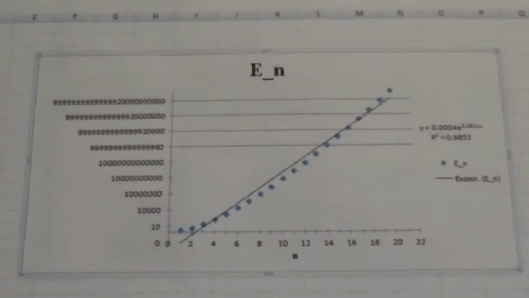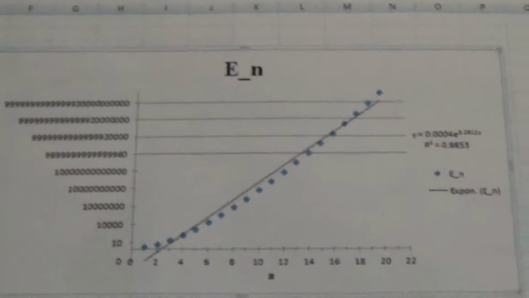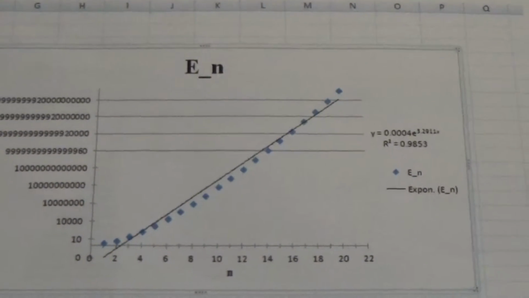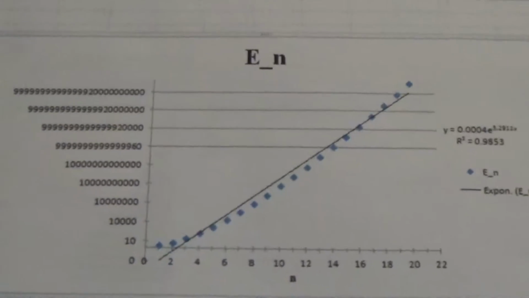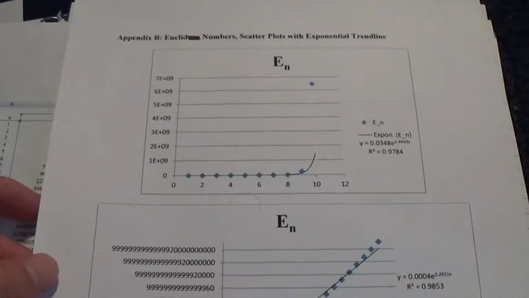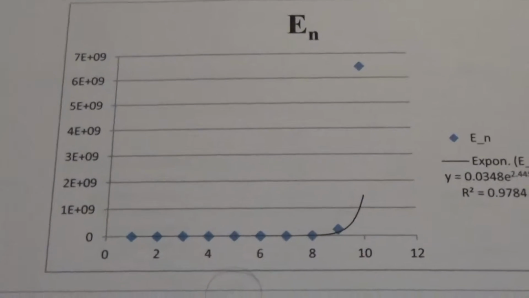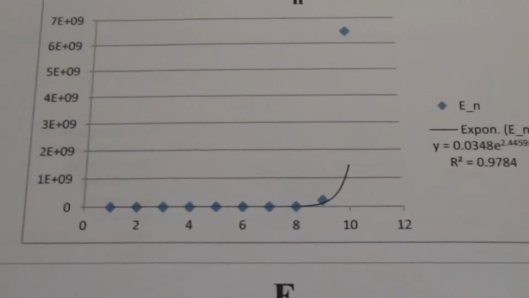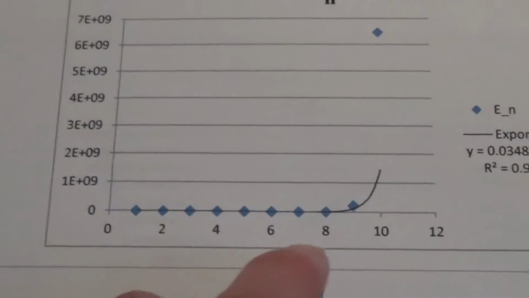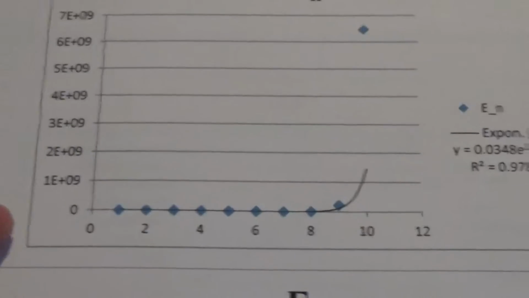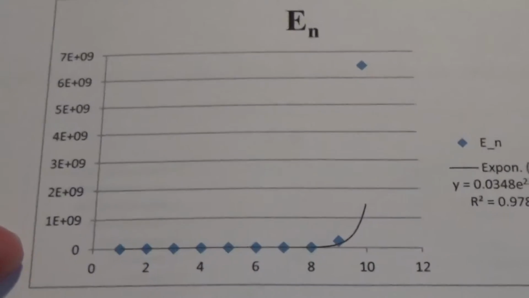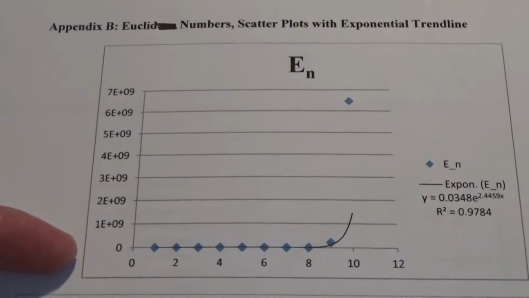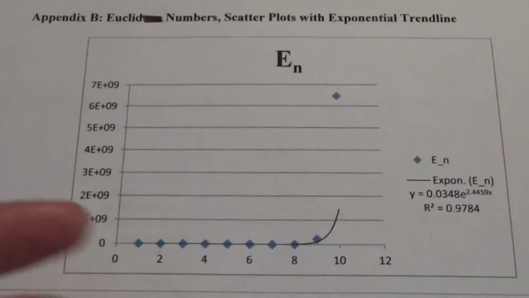And I also wanted to give you a sense for the exponential nature of these Euclid numbers, and that is simply that we can see them in a scatter plot. Actually, I'll show you this one first. These are the Euclid numbers given in a scatter plot. So these are the first 10 Euclid numbers, and this x-axis is obviously representing n, the index, and then I've just plotted the Euclid number on the scatter plot.